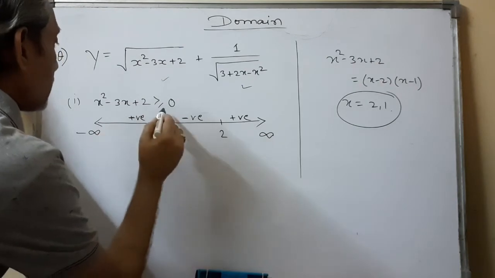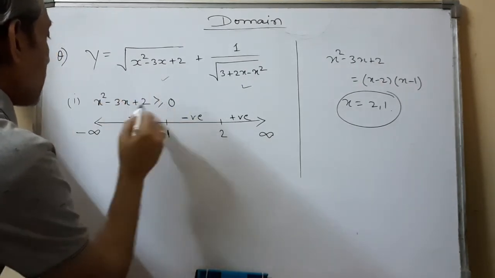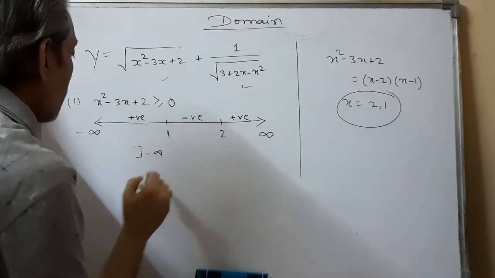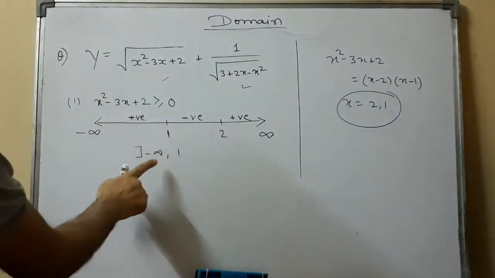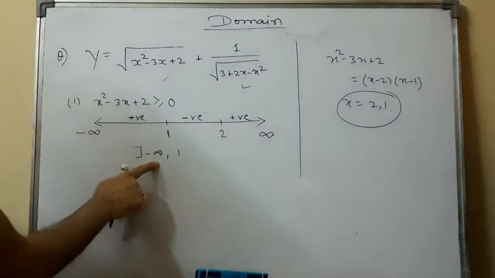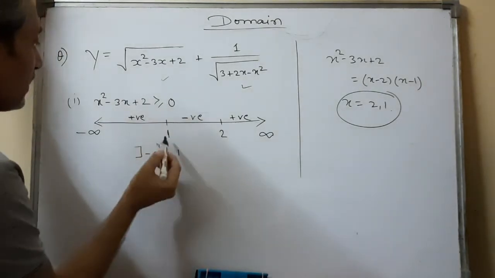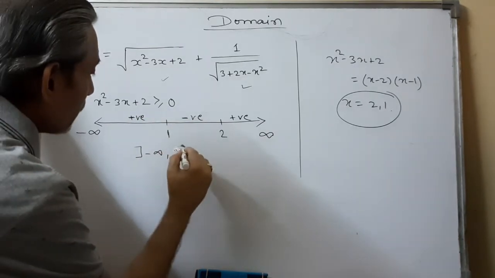For this we need to take only positive values of this expression, and therefore from minus infinity to 1, the infinity end is never included since it is not a real number. But as the expression can be equal to 0, we will include 1.